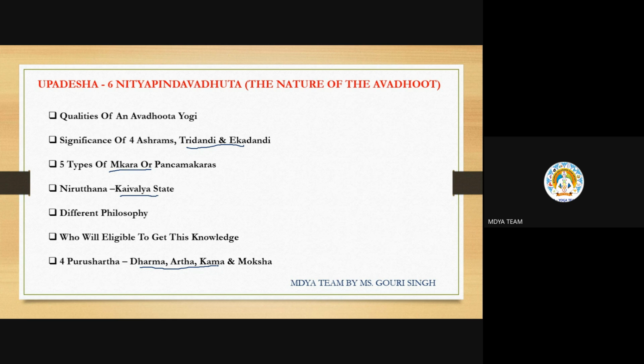Then which one is your answer? Tell me the answer. Siddha Siddhanta Paddhati, ma'am. Yeah, only Siddha Siddhanta Paddhati is talking about the four Purusharthas. One more text is also there, so that is why I am giving you this type of option.